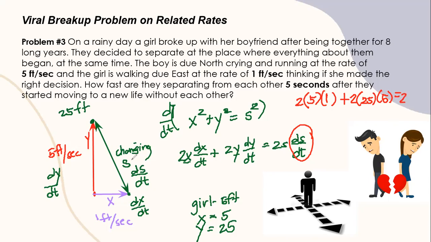2. Okay. Yung s natin, okay, since we have defined the point after 5 seconds of the boy and the girl. So we have here the 5 and 25. Okay? So, yung separation nila at that certain time is square root of 25 squared plus 5 squared.